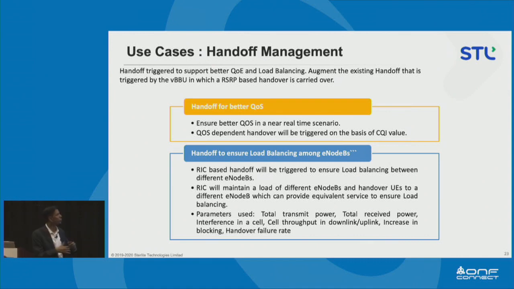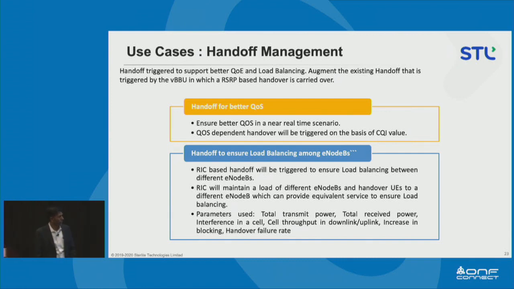One is the handoff for better quality of service experience, and another is the load balancing amongst the eNode Bs. Like in the last talk, I mentioned that CQI value, or channel quality indicator, is one parameter that can be used in the handoff for better quality of service, and that's what we have also implemented in one of our demonstrations.